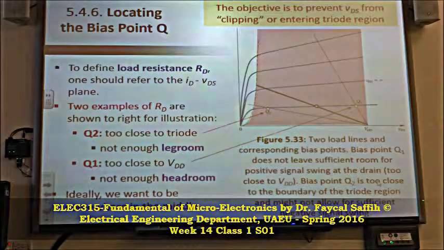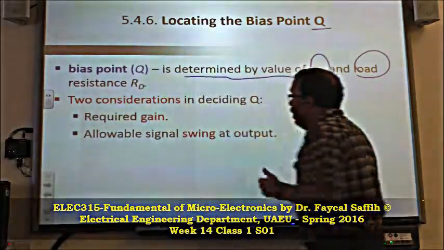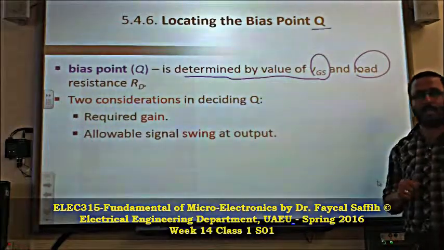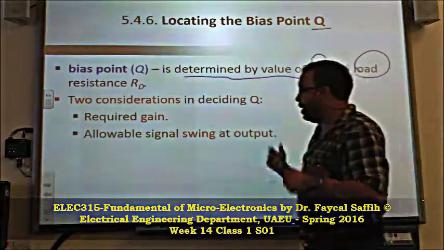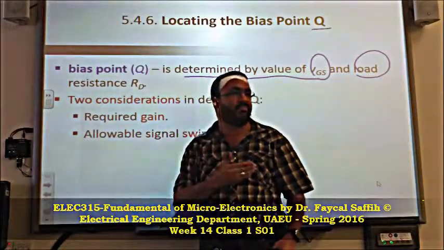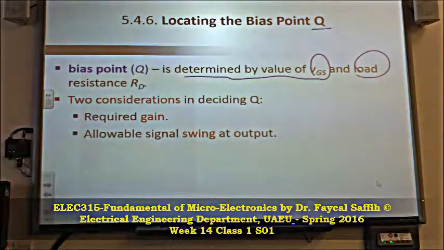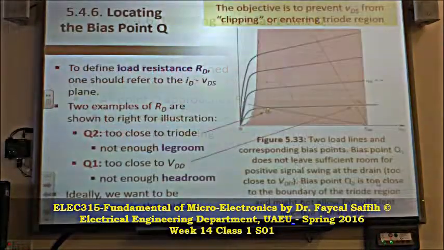So that's how we determine it. This is number one, and we are going to come back to that issue. But in order to choose Q, we know how to control it, but which one is good for me?